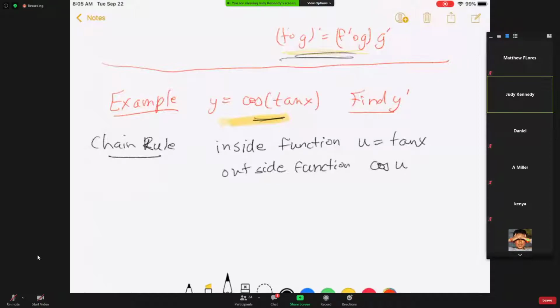All right, the chain rule says, I'll call this F. The chain rule says that the derivative of F composed with u is F prime composed with u times u prime.